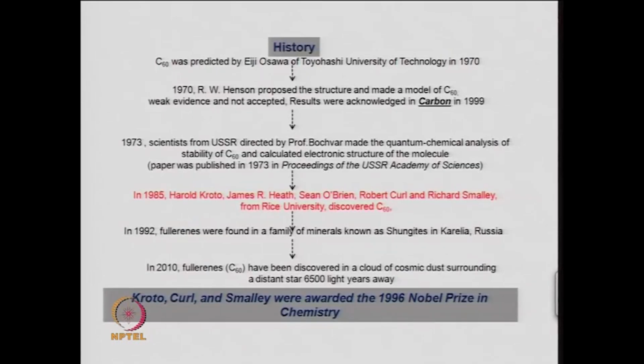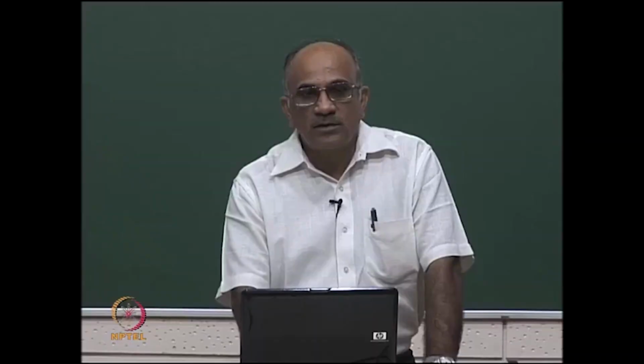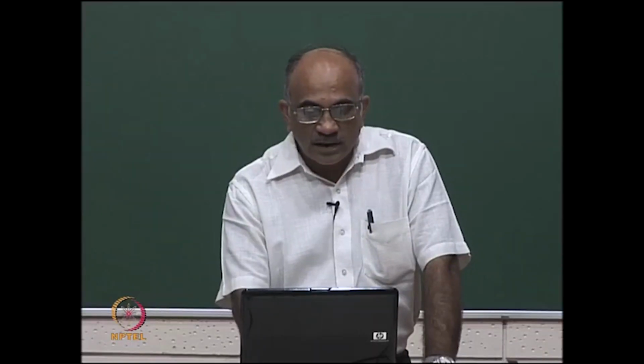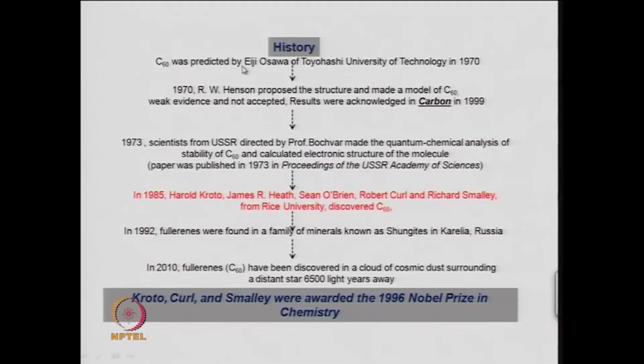So, historically was this discovery of C60 in 1985 the first time people thought of this molecule? No, people have thought about such molecules much earlier. For example, it was predicted by Osawa in 1970 that there can be a molecule like C60.